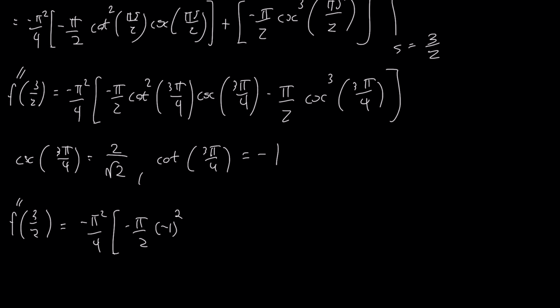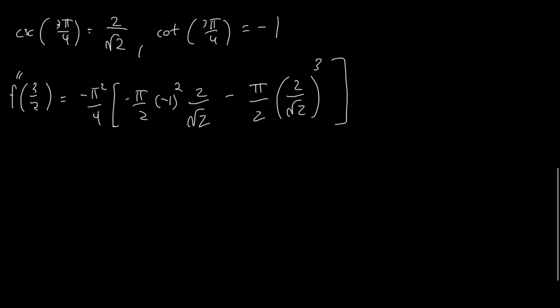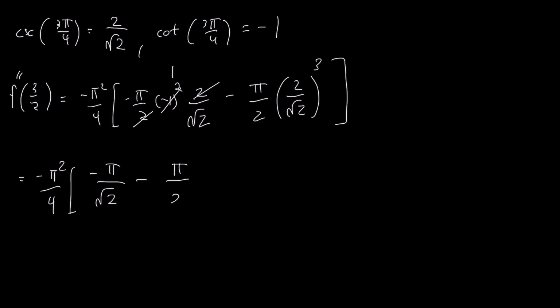Cosecant of 3 pi over 4 is 2 over root 2 minus pi over 2. Cosecant of 3 pi over 4 is 2 over root 2, but it's now cubed. So negative 1 squared is 1. These two divide to 1, which is equal to minus pi squared over 4, negative pi over root 2 minus pi over 2.